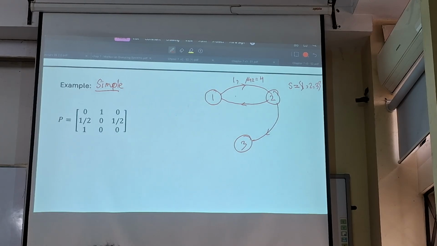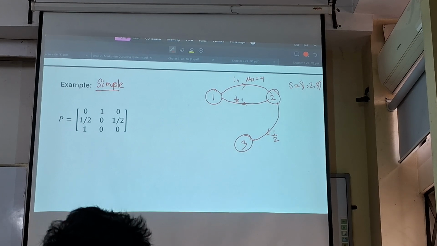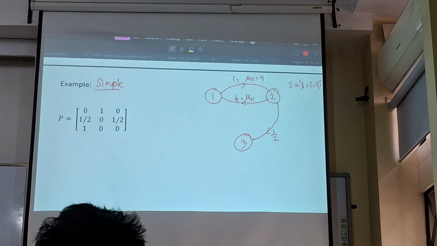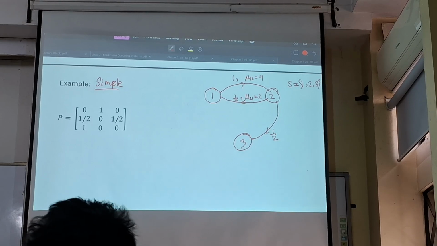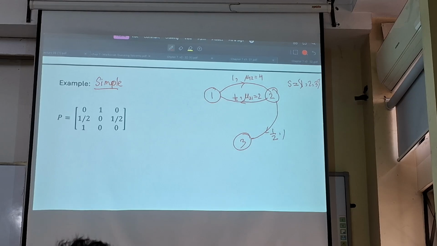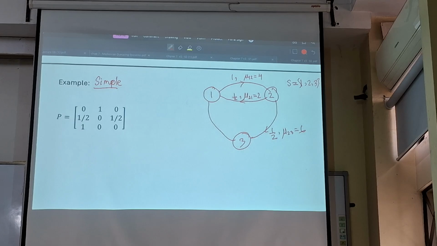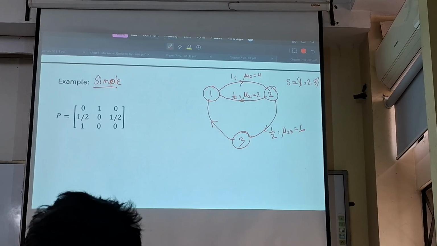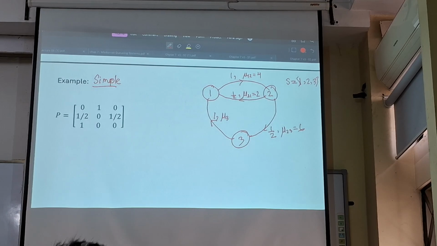This occurs with probability half and this occurs with probability half. The average holding time from 2 to 1 is 2. The average holding time from 2 to 3 is 6. And now the final one, the process moves on to state 1 only from state 3, with probability 1, and the average holding time from 3 to 1 is 3.